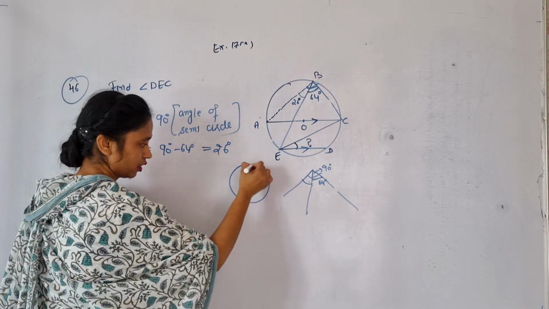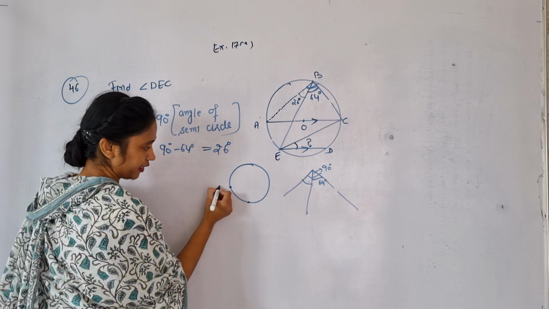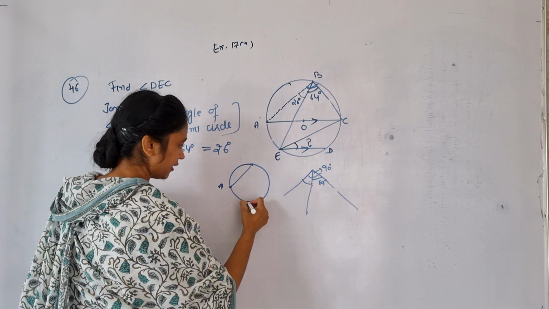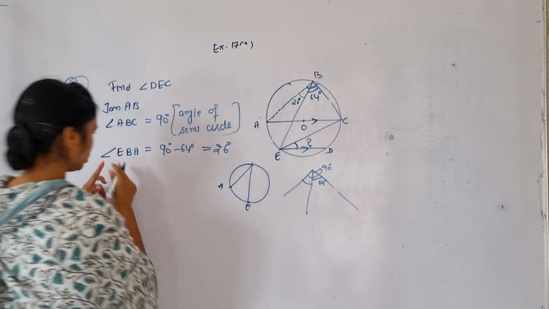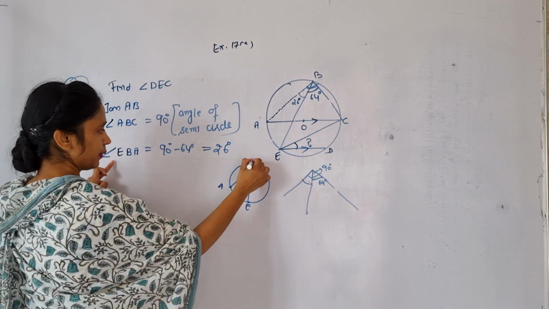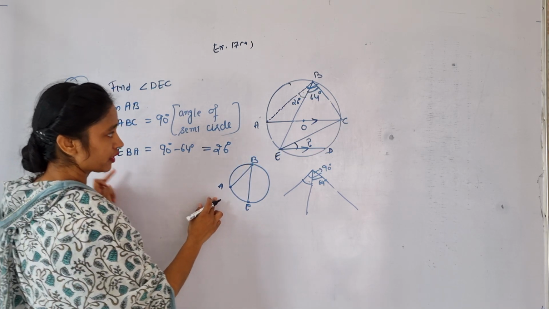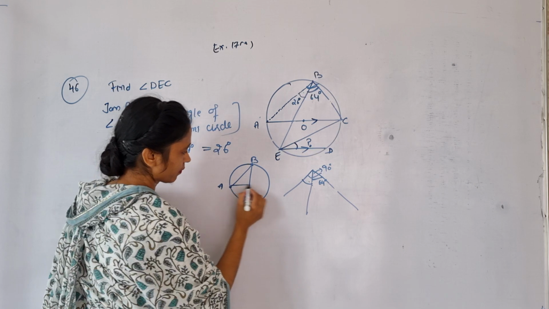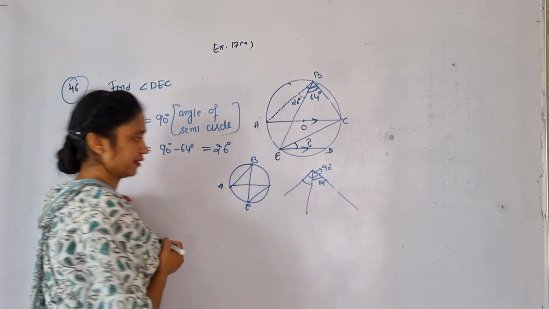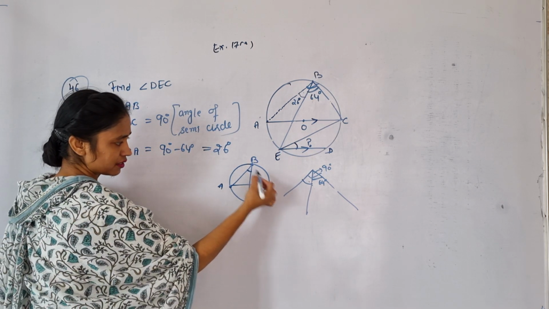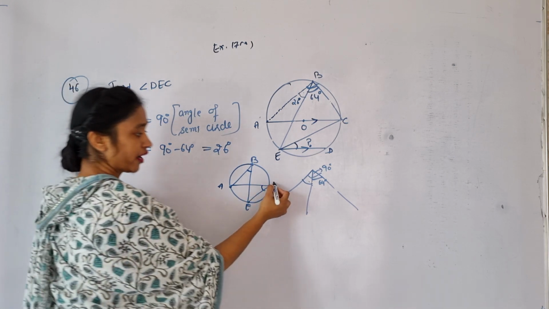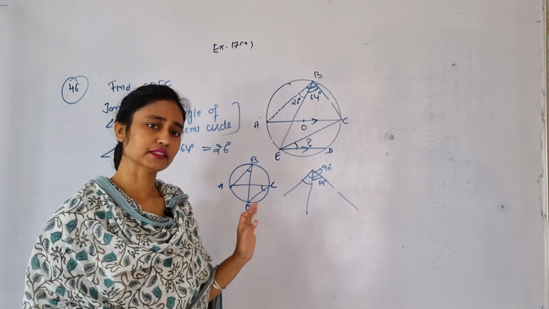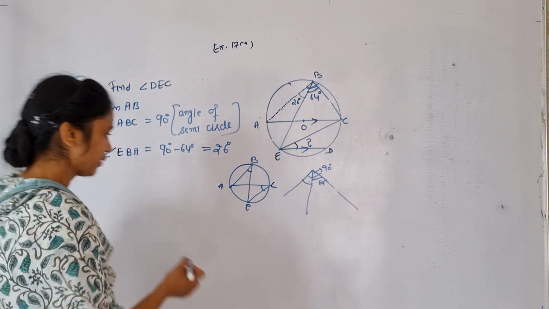Okay, now see the circle again. I'm going to draw it. Focus on the points A and E. A and E से एक एंगल ये बनाया गया है, which we have calculated, EBA, और इसी से ही दूसरा एंगल ये बनाया गया है. These two angles will be same. Why? Angles in the same segment.